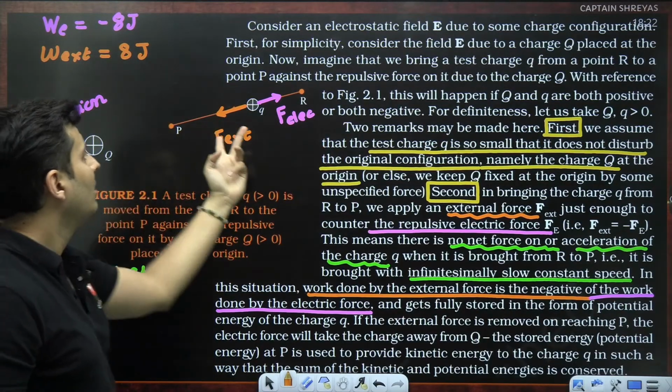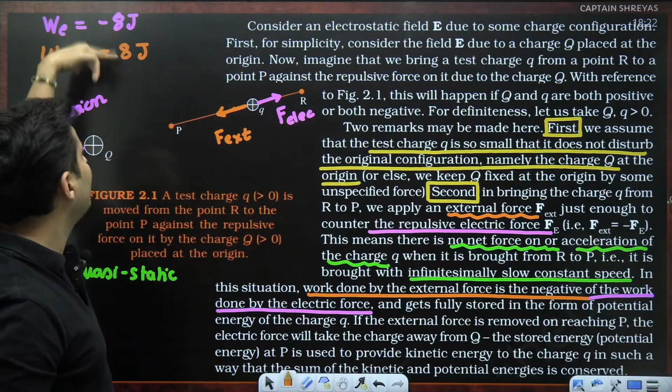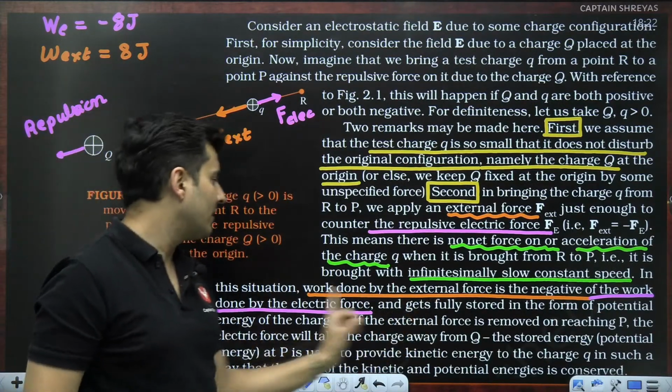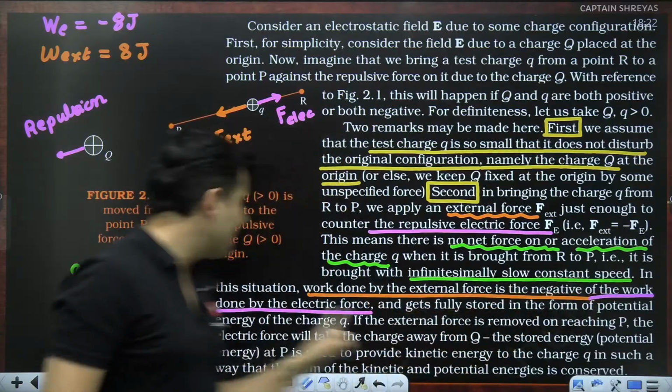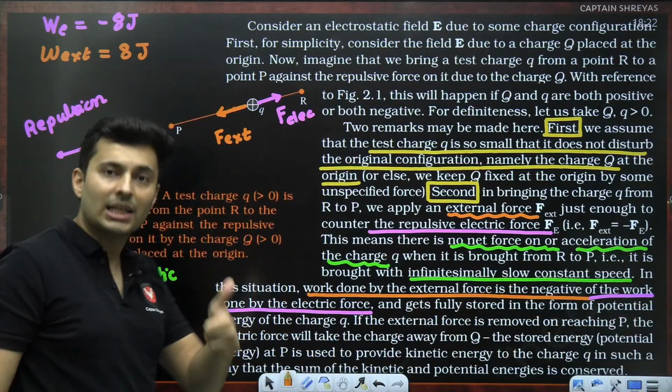Same displacement but opposite directions, so they will be negative of each other. The work done by external force is negative of the work done by electric force, correct?